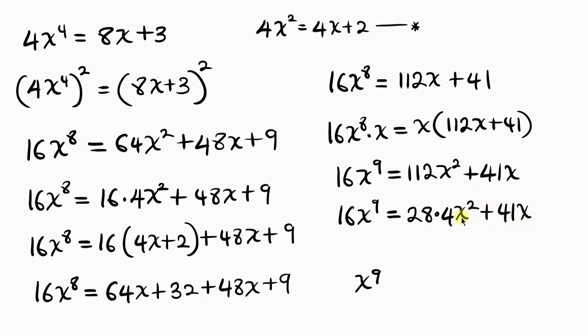Now, wherever we see 4x squared, we're going to be substituting this. So we have 16x to the 9 to be equal to, this is 28 times 4x squared, which is 4x plus 2. So I'll be writing 4x plus 2 and then plus 41x. Let's move on to the next slide.